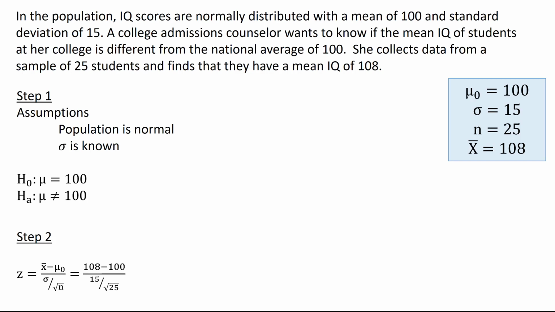Our observed sample mean of 108 minus the hypothesized population mean of 100 divided by the standard error, which is the population standard deviation of 15 divided by the square root of the sample size, 25. This gives us 8 over 15 divided by 5, 8 over 3. It's 2.667. This is our z-test statistic.